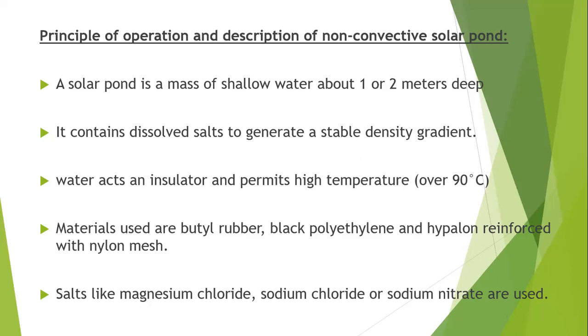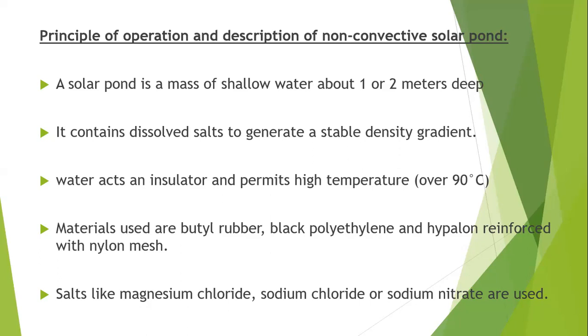Because of this rising and again going down, there is convective mixing, and due to this convective mixing there is the disadvantage of heat loss at the surface. So due to this convective mixing we cannot attain high temperatures in the pond. Only small temperatures, below 20 degrees, can be attained.